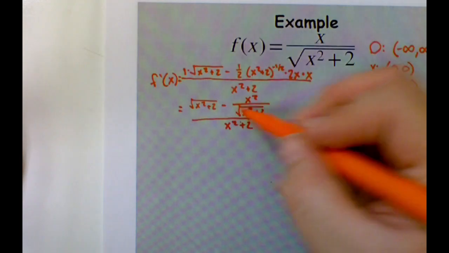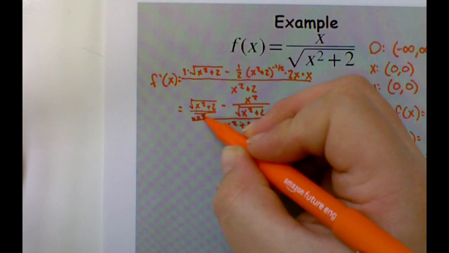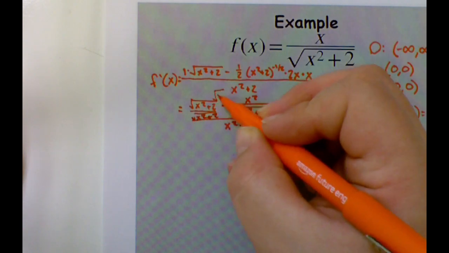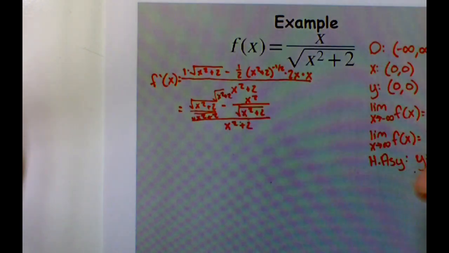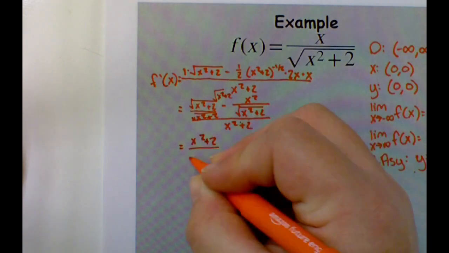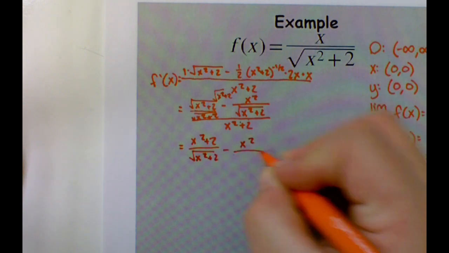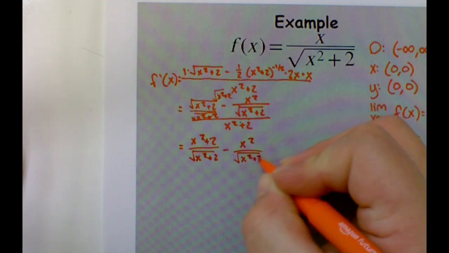To combine my numerator, I'm actually going to multiply by the square root of x squared plus 2 on the top and bottom, which makes this x squared plus 2 over the square root of x squared plus 2 minus x squared over the square root of x squared plus 2.